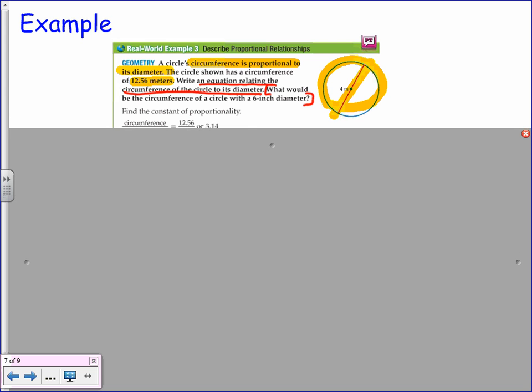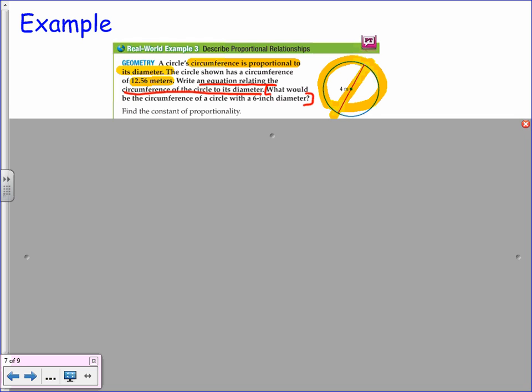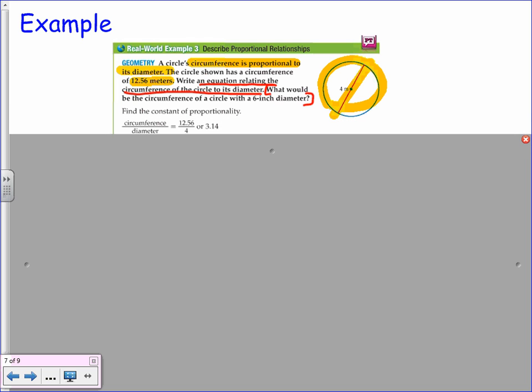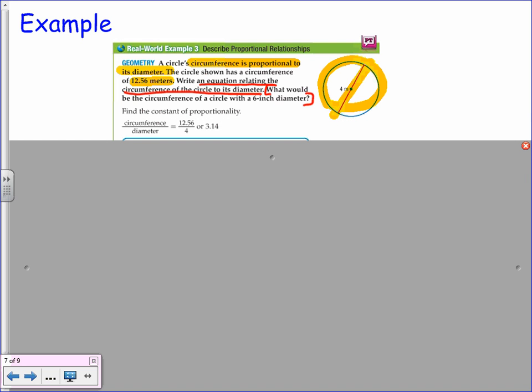So first of all, I have to find the constant of proportionality. Well, in order to do that, I'm going to set up the circumference to the diameter, right? Circumference is proportional to the diameter, right from the problem. And the problem tells me that 12.56 is the circumference, that's why it goes on top, over the diameter. Well, here from the problem, we see our diameter is 4.